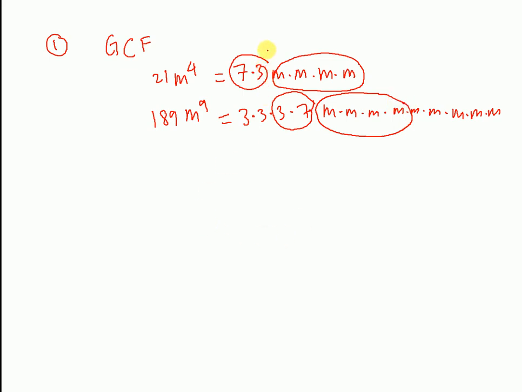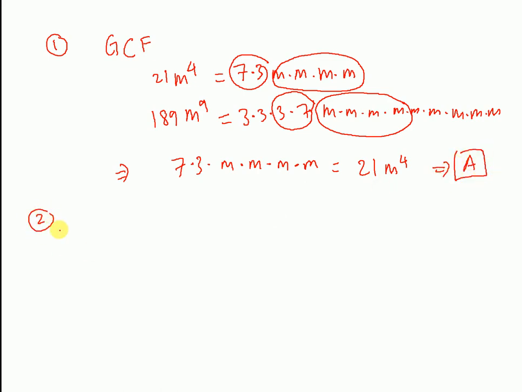So therefore 7 times 3 times m times m times m times m is the GCF of these two terms. 7 times 3, which is 21, and m to the 4 power. So this answer is A.